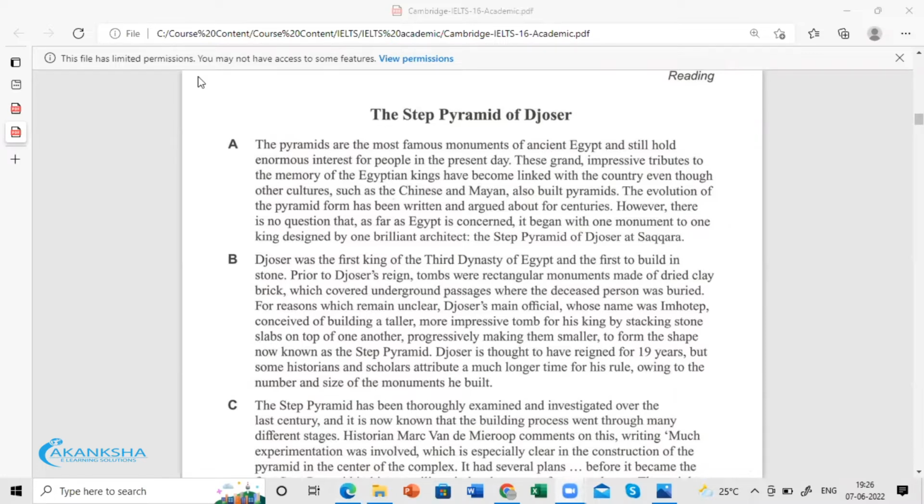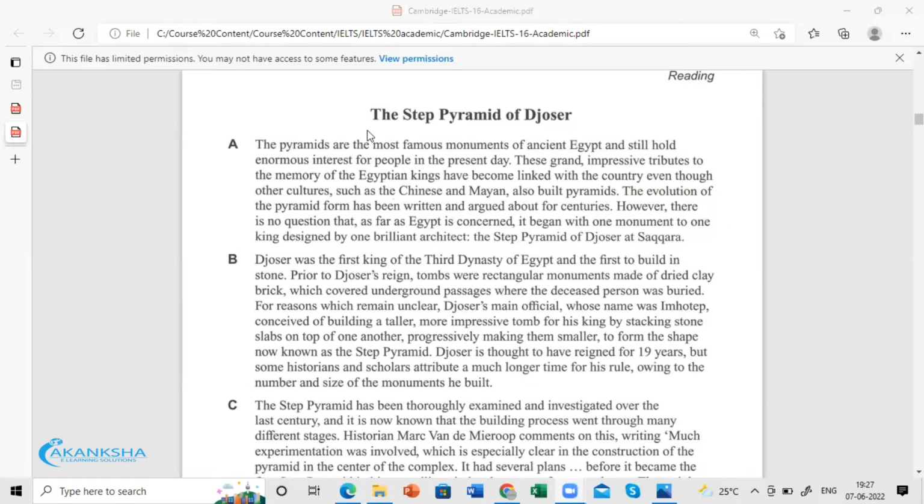Anyway, what is the approach here? The approach is very simple. We need to start with the paragraph. Don't start with the questions, because it won't help further. For true, false, and not given and fill in the blanks, we started with the question first and then went to the paragraph.